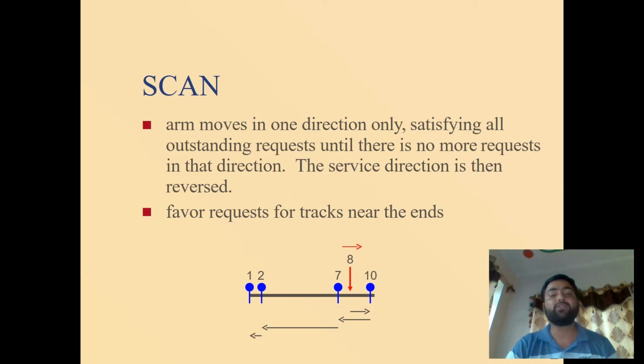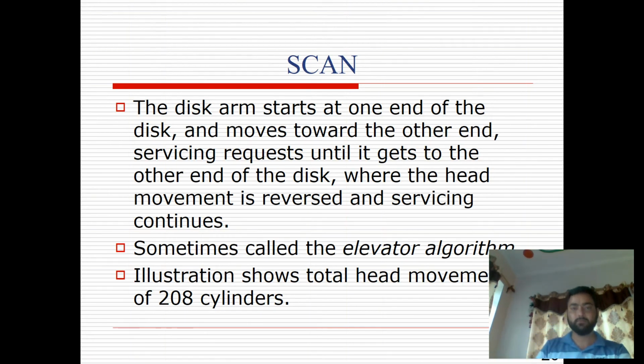So it basically favors requests for tracks that are near the ends of the disk. Sometimes the SCAN algorithm is also known as the elevator algorithm because it steps in one direction first and then in the other direction, just like elevators that move in buildings.